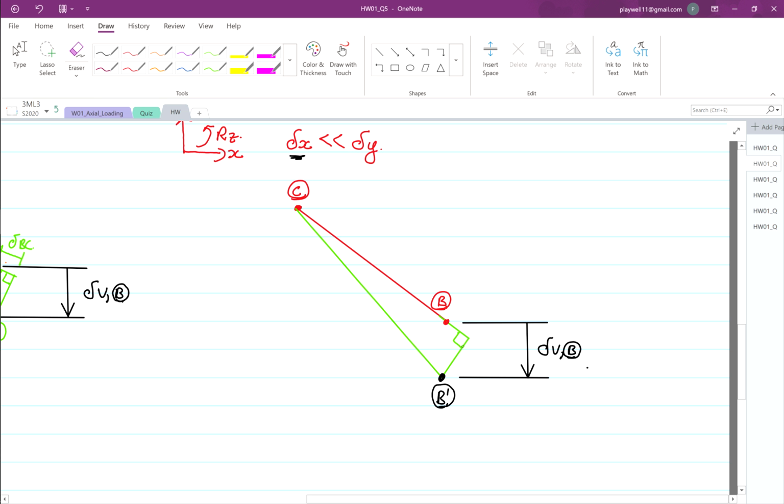We know that the vertical one, this distance from the red dot over here to here, is your deflection of BC that we have. This is what we want to find.